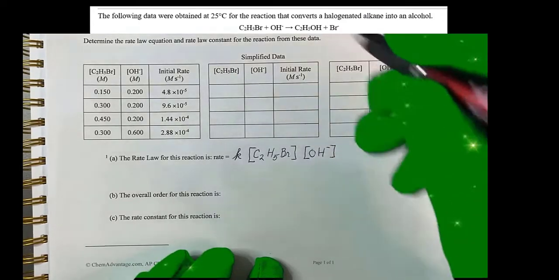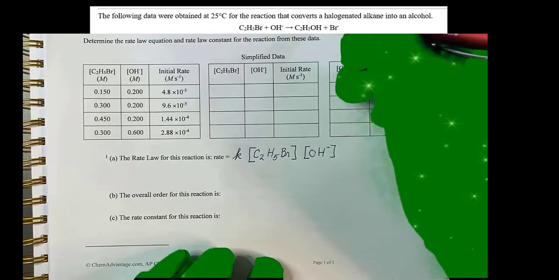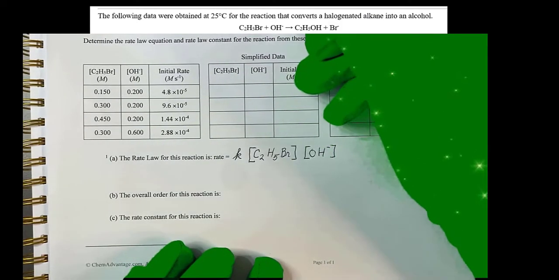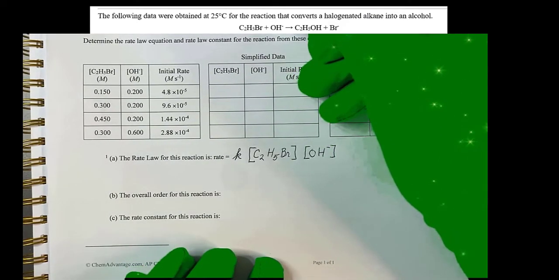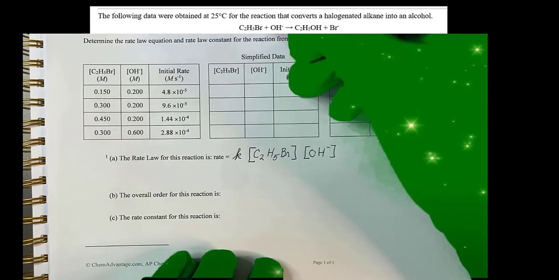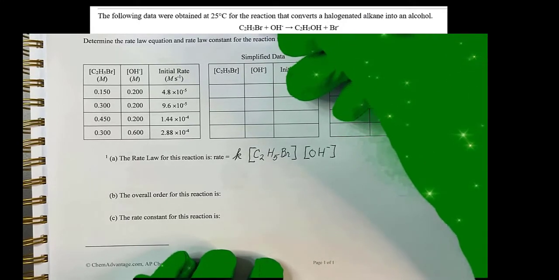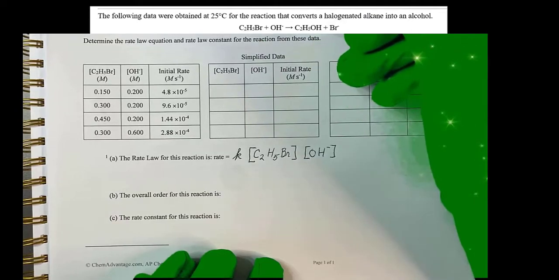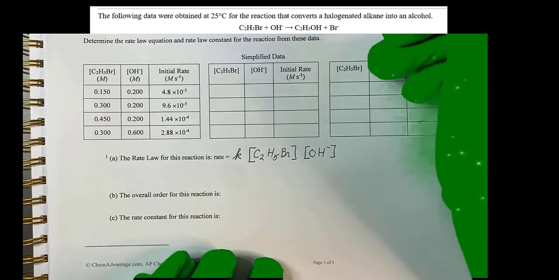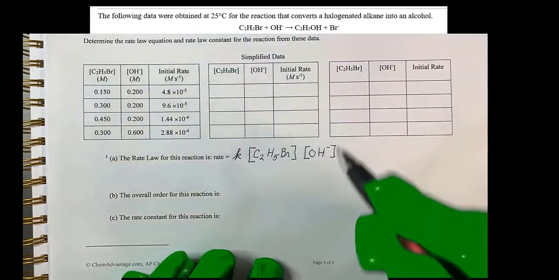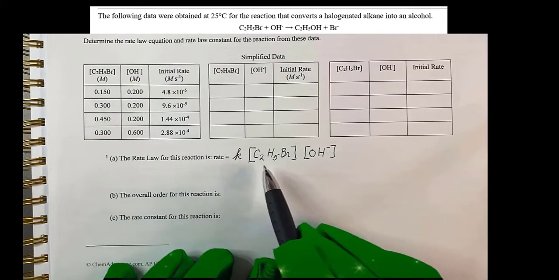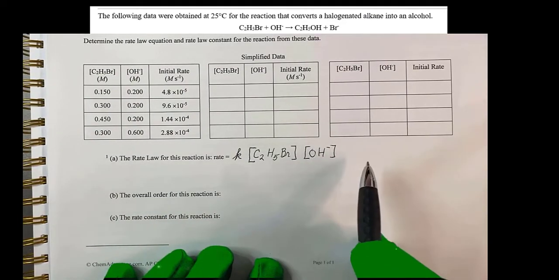And that's it. You can forget about the products because in this reaction, we're just going forward, and it's going to be these things that determine how quickly this goes forward. So we're not going to deal with the products at all. So writing a reaction rate law is pretty easy because we're not going to have any products in it.